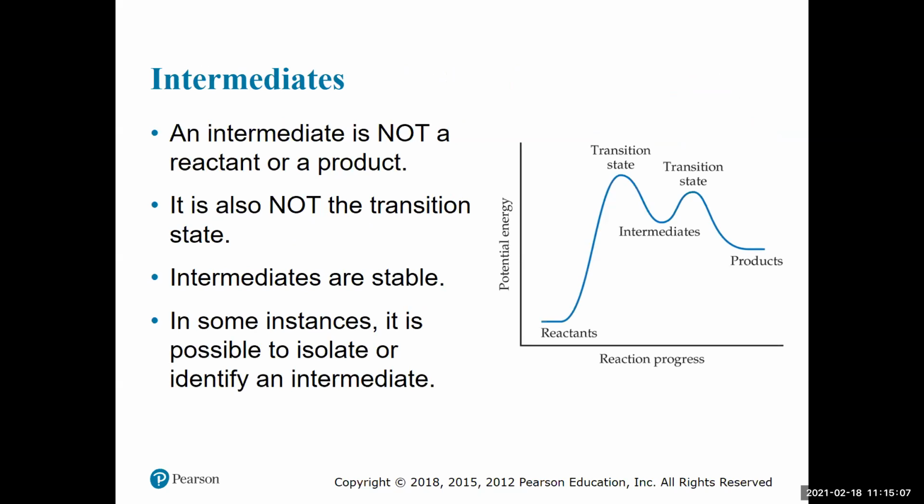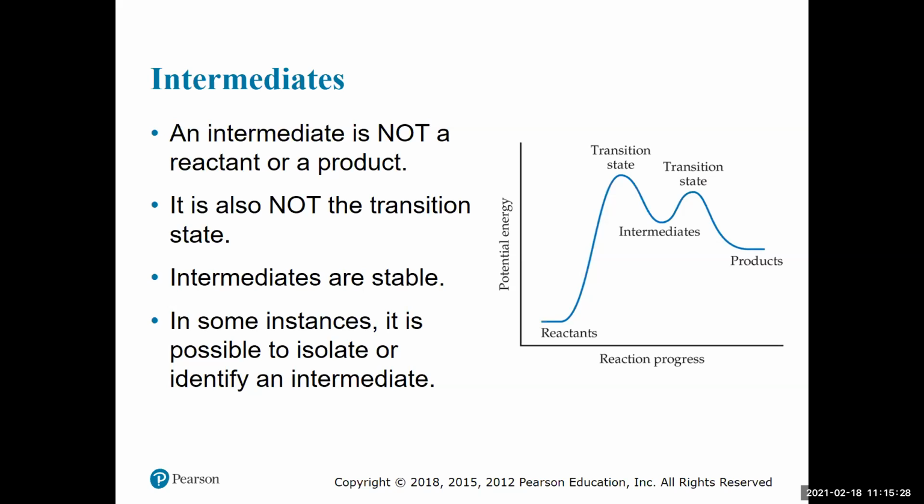That's a transition state. So that's not the same thing as an intermediate. An intermediate is you actually form something, okay? And if you stop the reaction right there and analyze the solution or whatever matrix you're in, you would be able to find that compound there, okay?